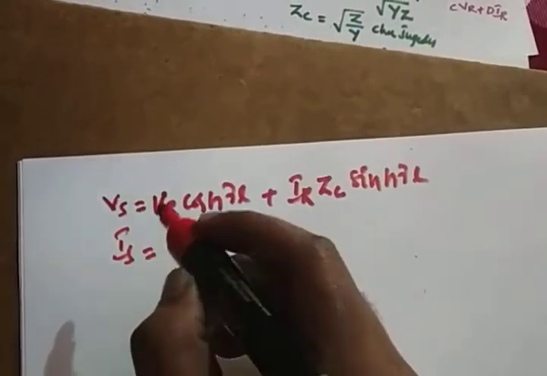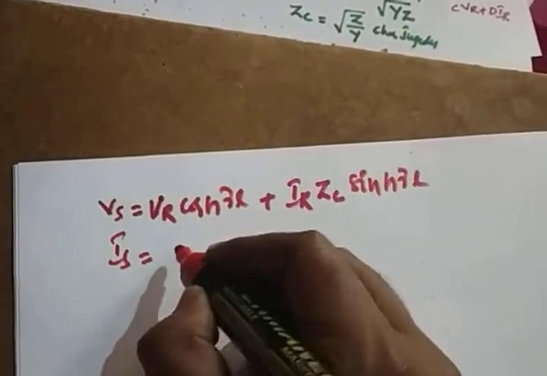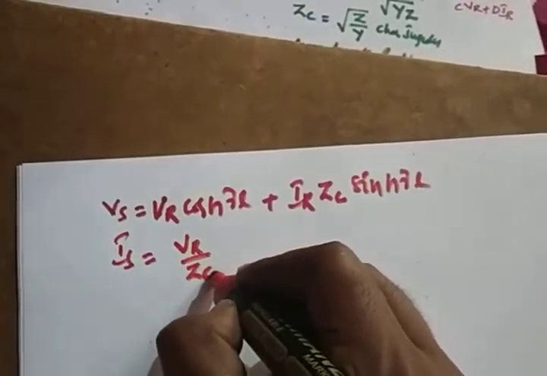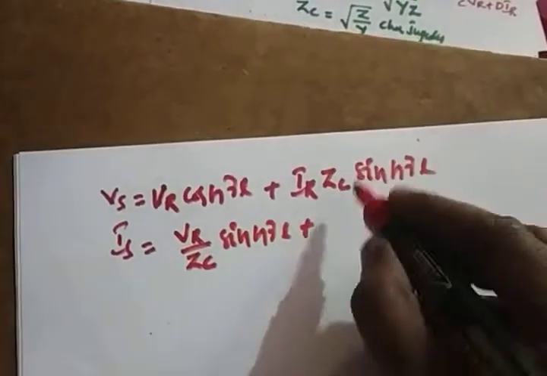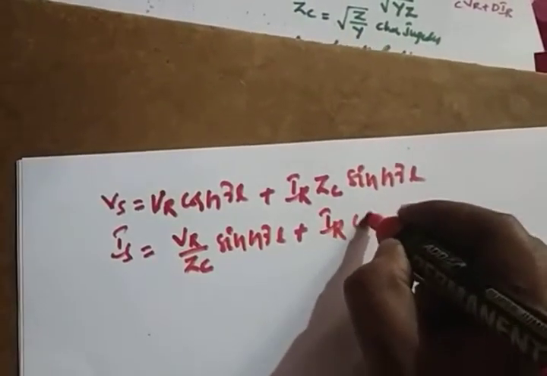Is is equal to VR by ZC sinh(γL) plus IR cosh(γL).